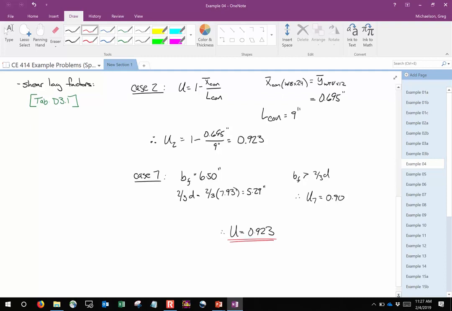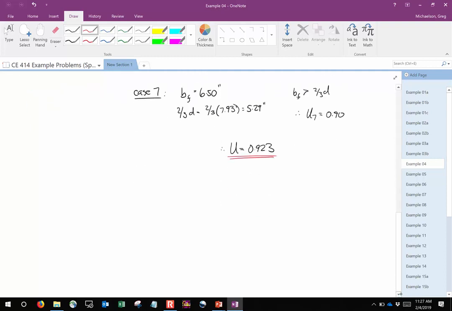Now, do we have everything we need to compute net section fracture? What do we need to compute net section fracture? We need FU. We got that? What else do we need? We need net area and U, right? We got everything we need.